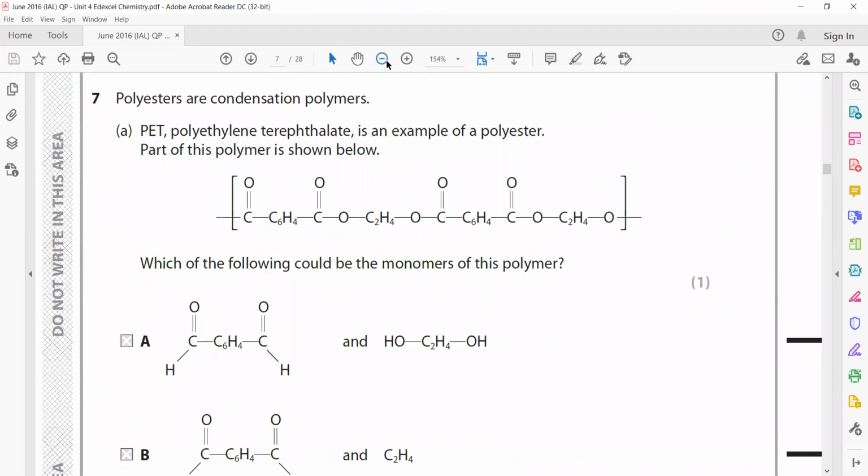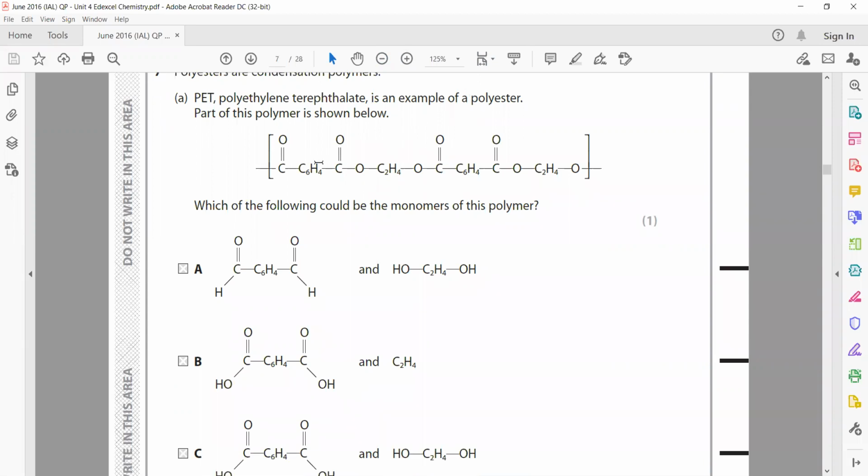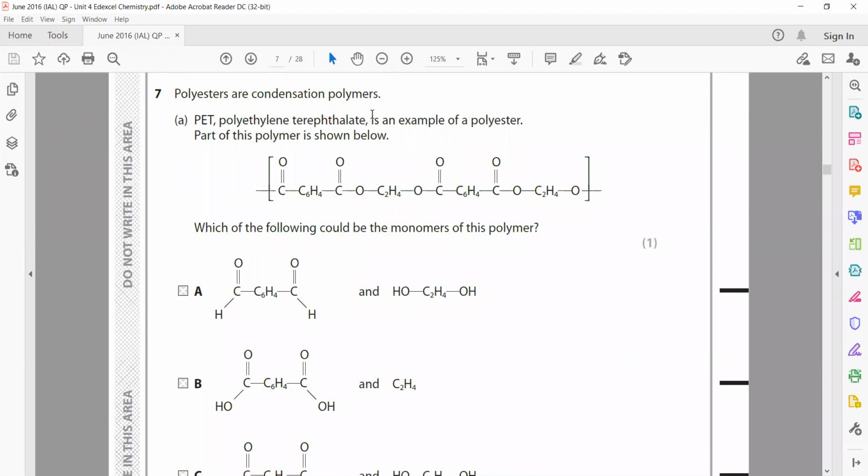Polyesters are condensation polymers. PET, polyethylene terephthalate, is an example of a polyester. Part of this polymer is shown. Which of the following could be a monomer? To identify the monomer, we take the part out of it, with H on one side and OH on the other.